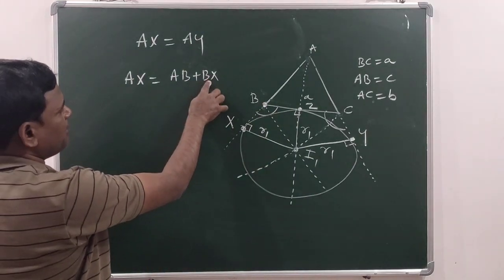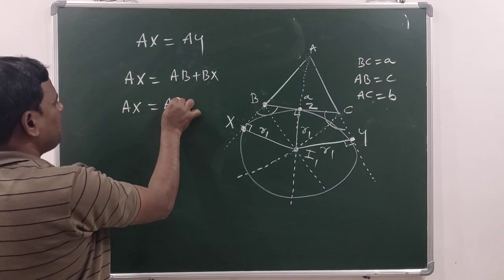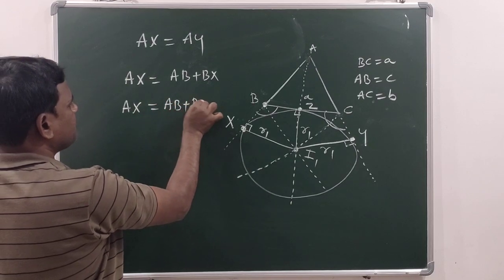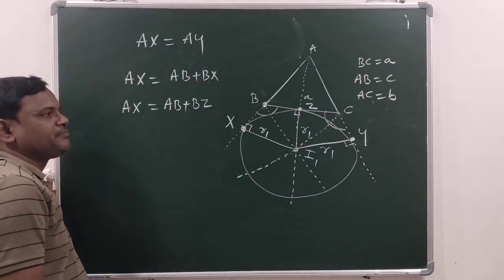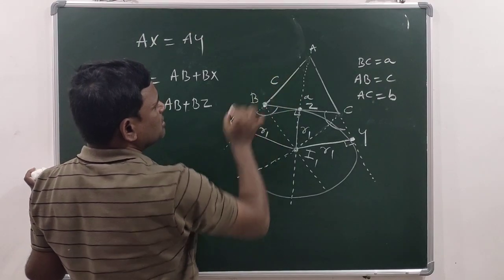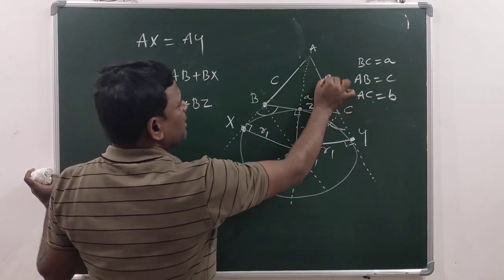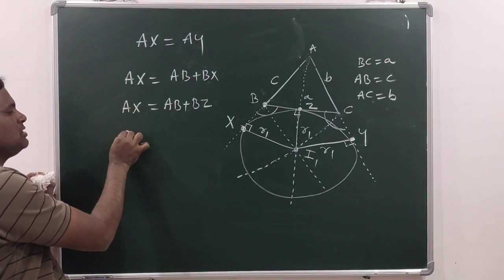So in place of BX we write BZ: AX is equal to AB plus BZ. Now AB length is small c and AC length is small b. In place of AB write small c.